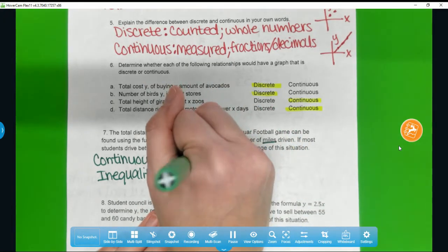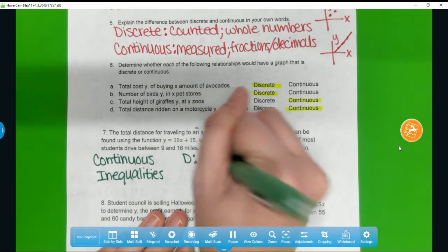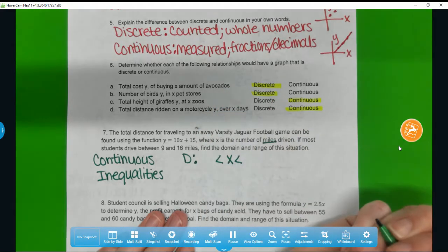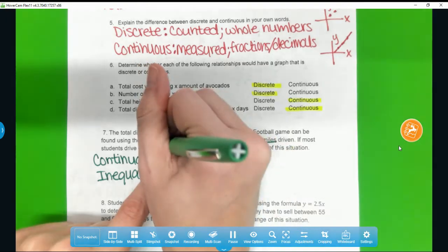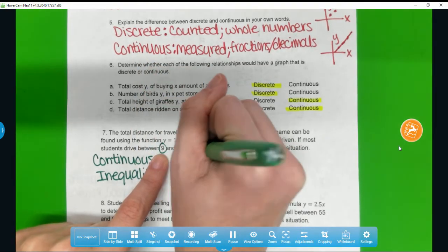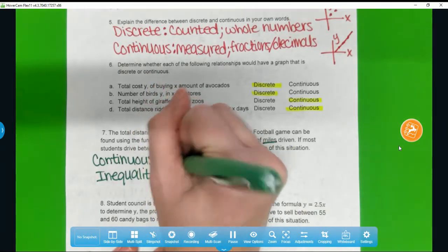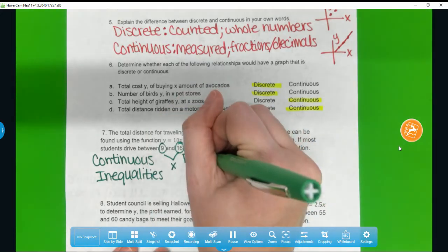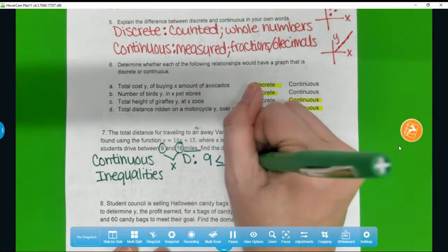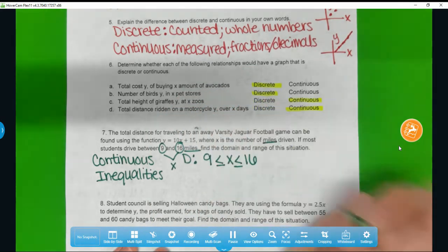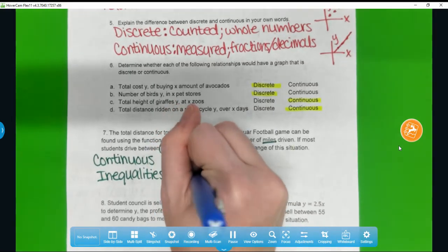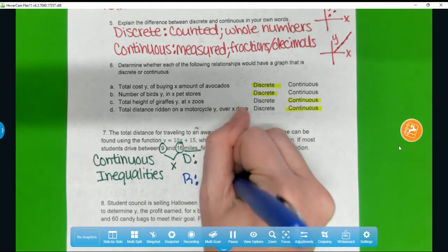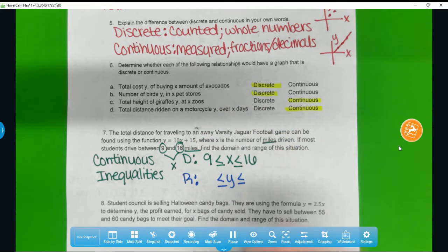Okay, so for the domain, I'm going to go ahead and set up my inequalities. It tells me 9 and 16 miles. Those are my x values. So 9 would be the smallest, 16 would be the furthest that you drive. So to find the range, go ahead and put the lines.